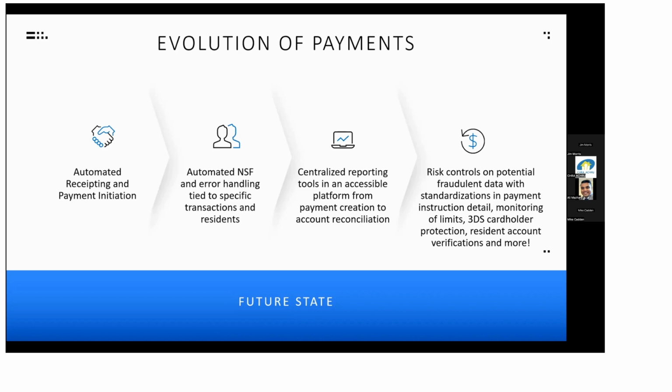Now, with all of this, we can't talk about automating, we can't talk about the advancement of payments in the industry without talking about risk controls. Yardi does a fantastic job at standardizing payment instruction. Payments Canada is undergoing a modernization project itself to ensure that the financial industry in Canada is also standardizing payment instruction.